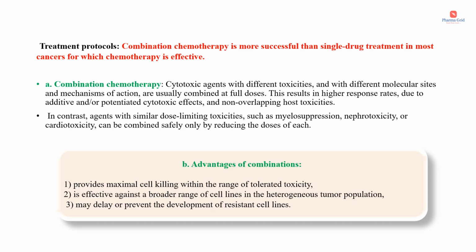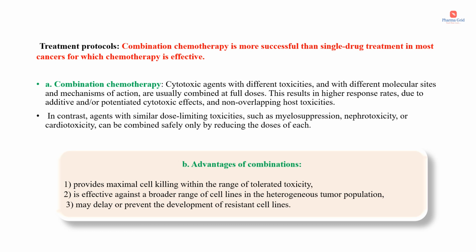Treatment protocols. Combination chemotherapy is more successful than single drug treatment in most cancers for which chemotherapy is effective. Cytotoxic agents with different toxicities and with different molecular sites and mechanisms of action are usually combined at full doses.